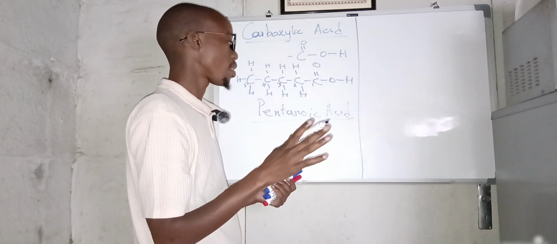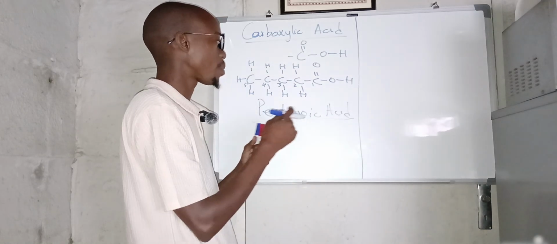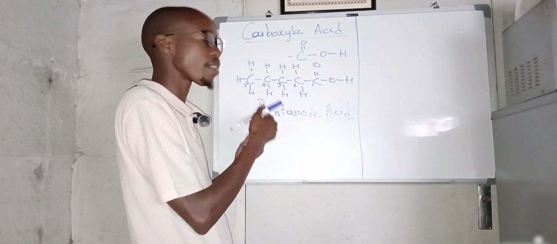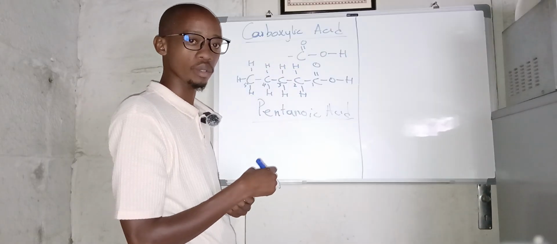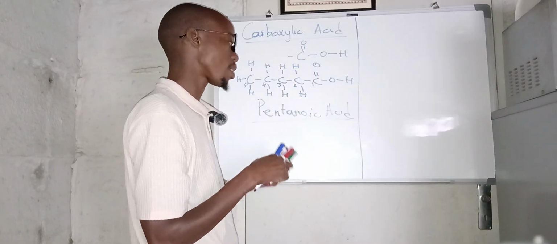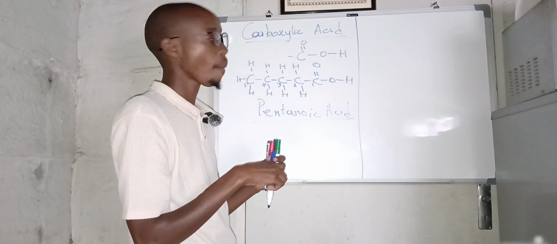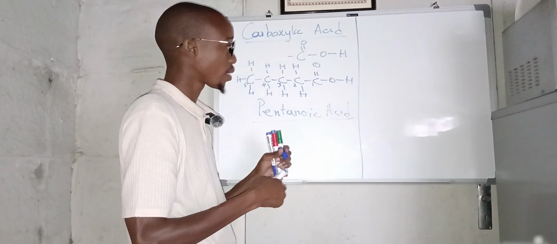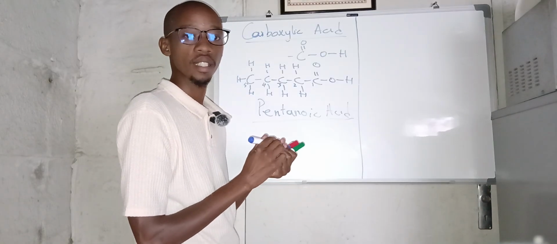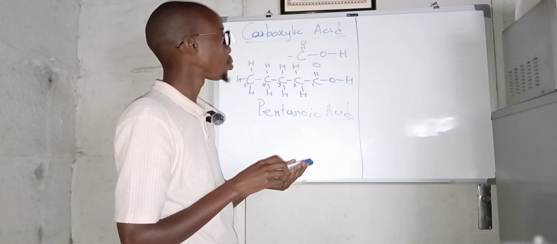And that's what we can do in this structure, because there's nothing else here besides the 5 carbons and the functional group. That's how you name the basic structure of carboxylic acid. And that's that. We can go to ester.